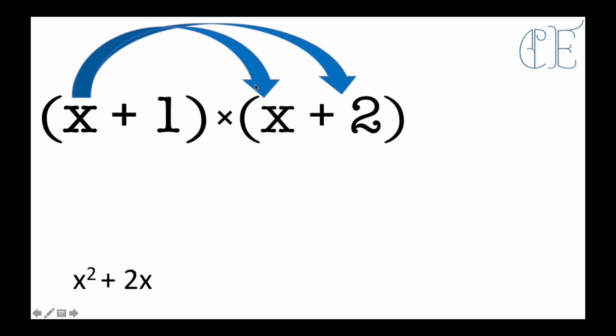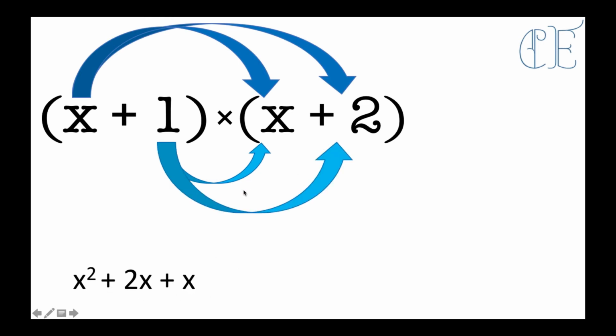X times x is x squared, and x times 2 is 2x. Then we're going to do the 1 times everything in this bracket. So 1 times x is x, and 1 times 2 is 2. So we're going to add all of these together now.